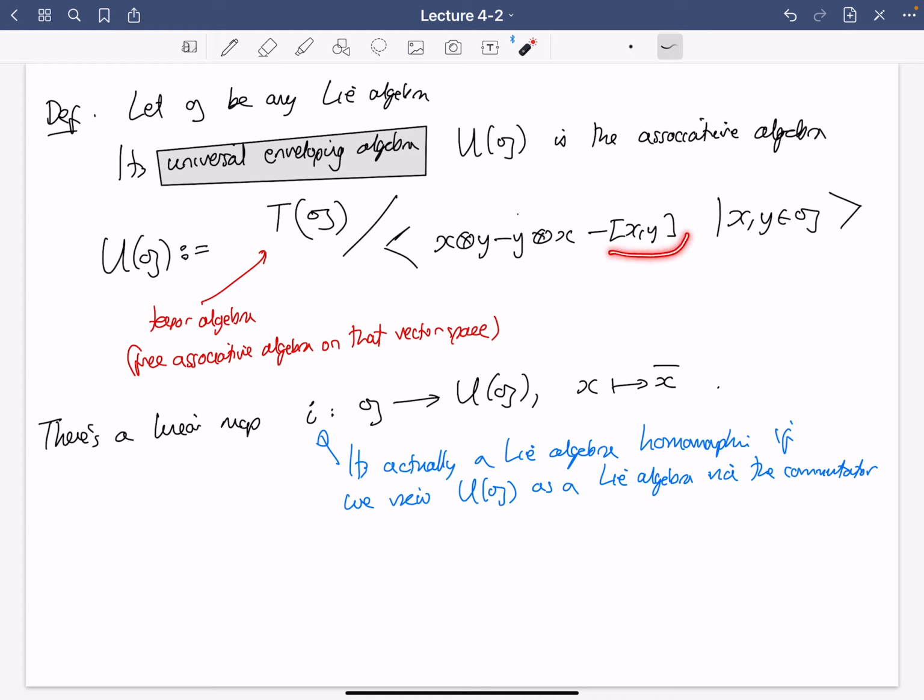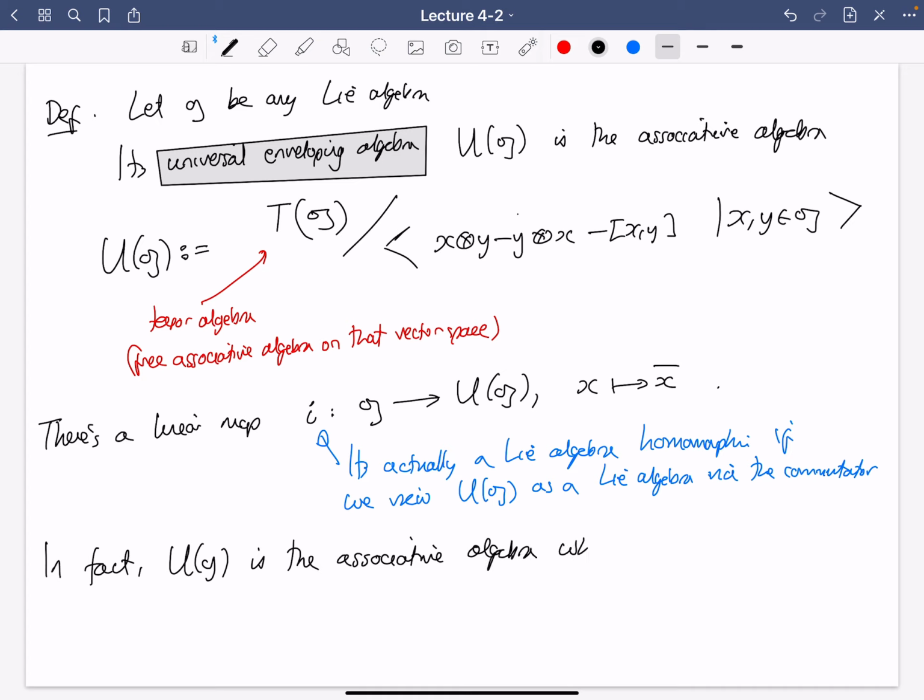It's automatic that the commutator of x and y in G maps under this map I to the same thing as the image of x bar bracketed with y bar in U of G. So in fact, U of G is the associative algebra which is universal for this property.